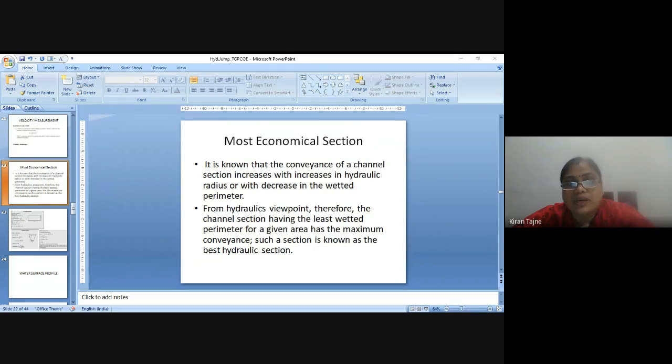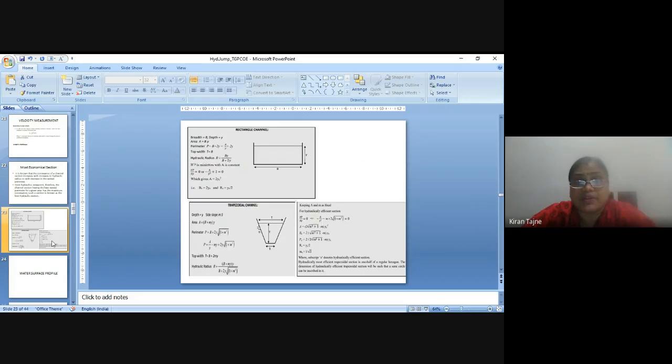Of all the possible open channel sections, the semicircular shape has the least amount of perimeter for a given area. Okay. So here you can see the most economical channel section.